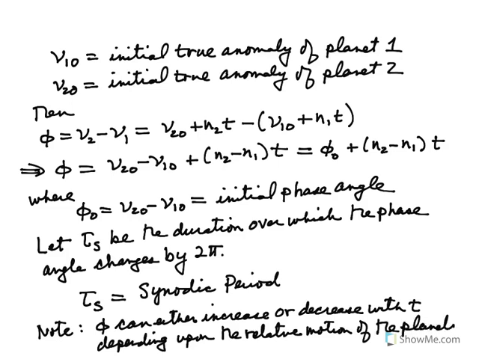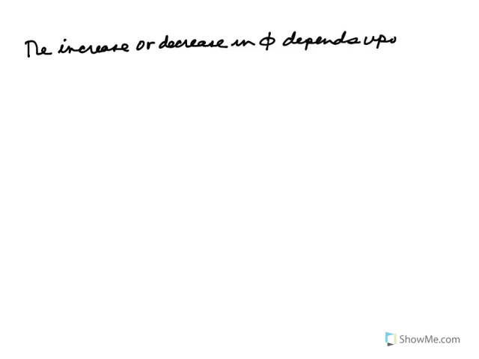Now we're going to consider the two different cases. So the increase or decrease in phi depends upon n1 and n2.